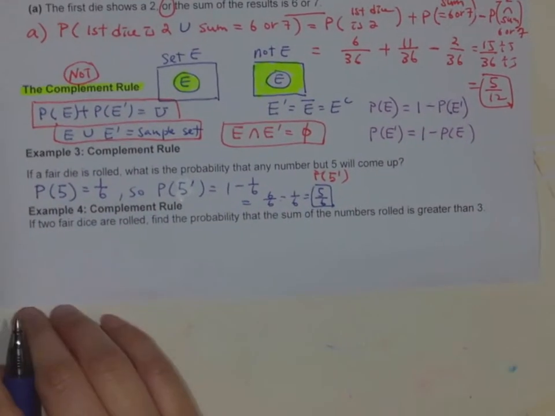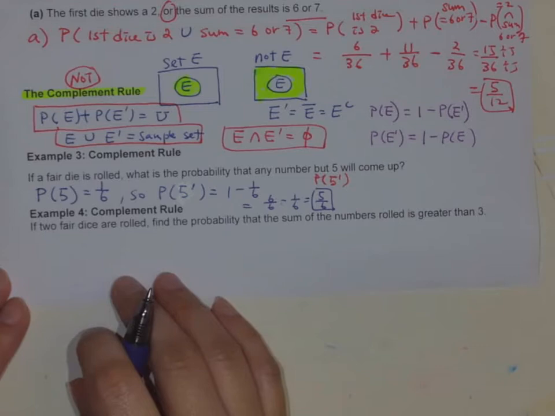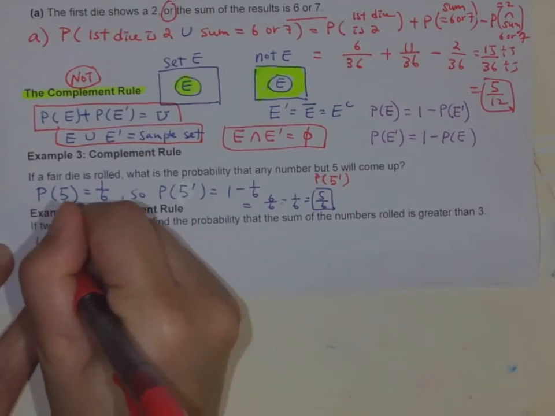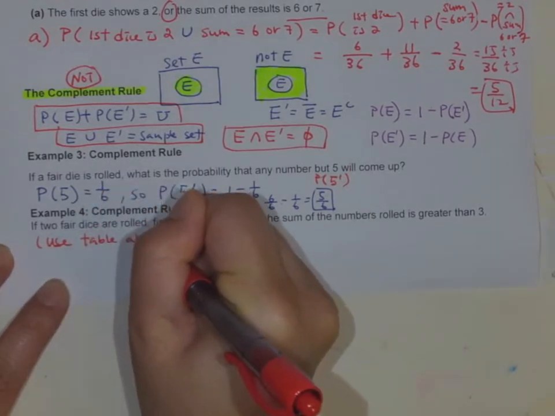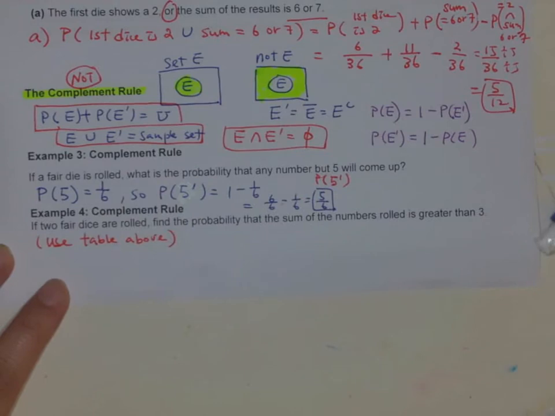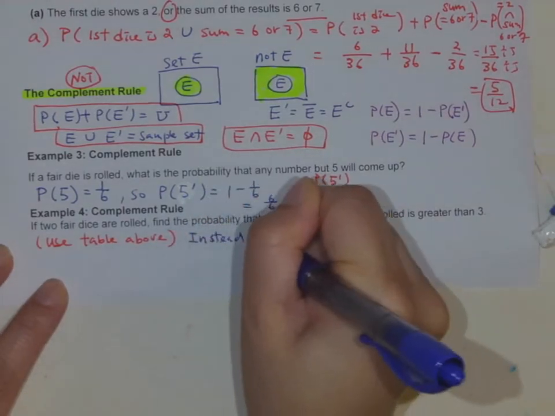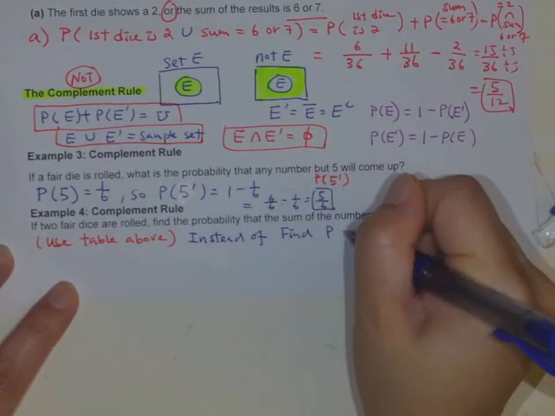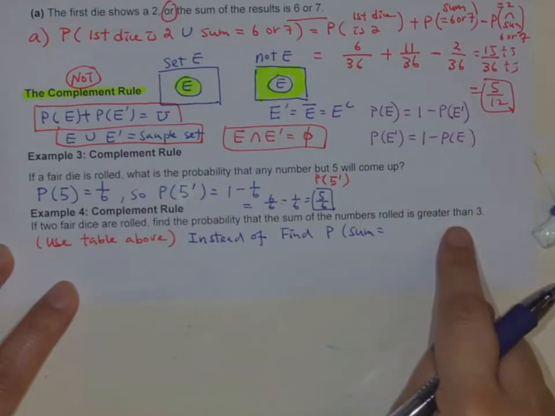So let's see example number 4. If 2 fair dice are rolled, find the probability that the sum of the numbers rolled is greater than 3. So we can use the table above, right? And some of your homework may ask you to do it. Use table above. So instead of trying to find probability of the sum that equal to, they say greater than 3, right?